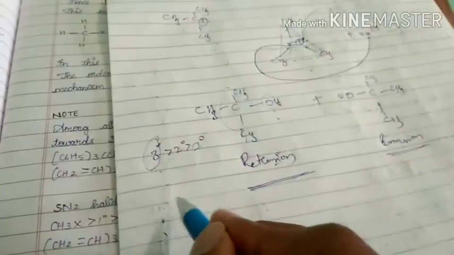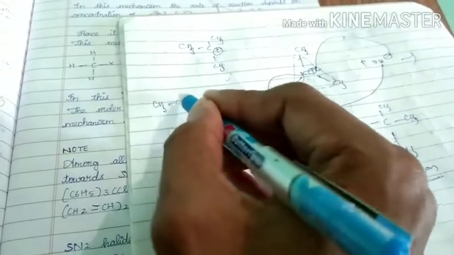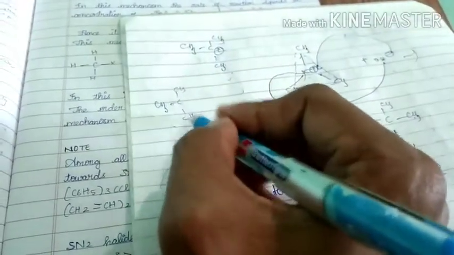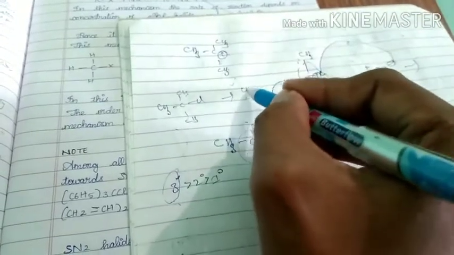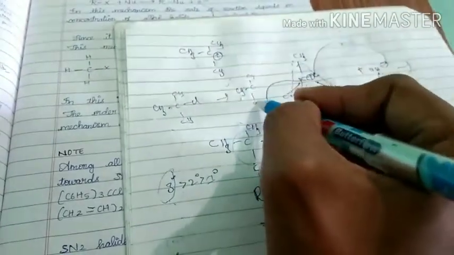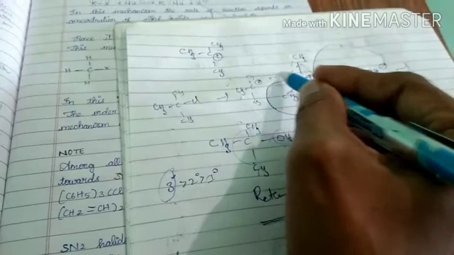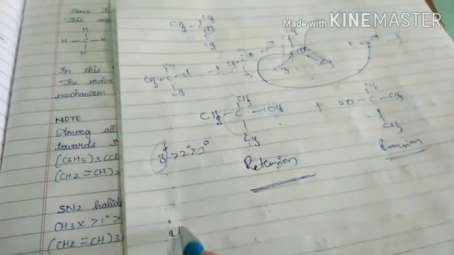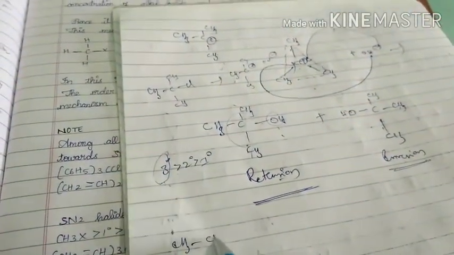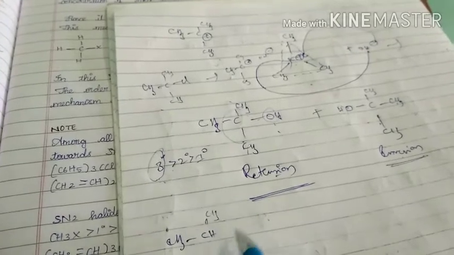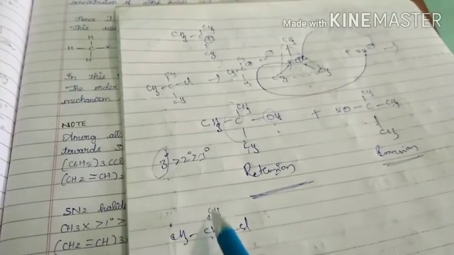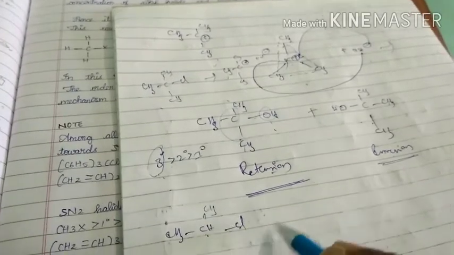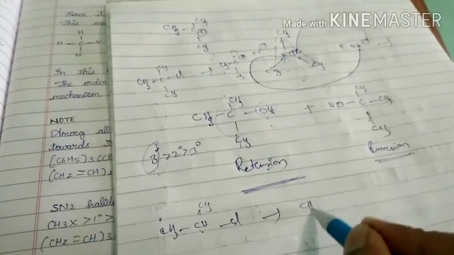Because see, this is a tertiary alkyl halide. After dissociation, what happens? This will be formed. This is a secondary alkyl halide. How? When a halogen is present on a carbon atom and this carbon atom is attached to two carbon atoms, that is called secondary. When it undergoes dissociation, what happens?